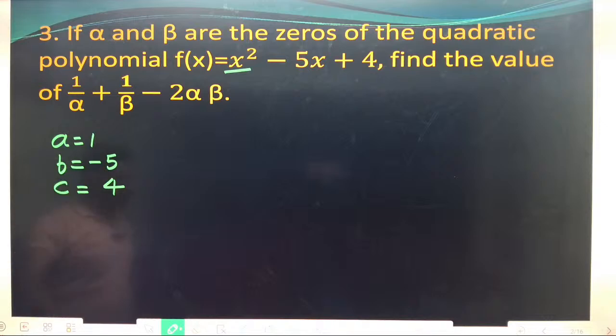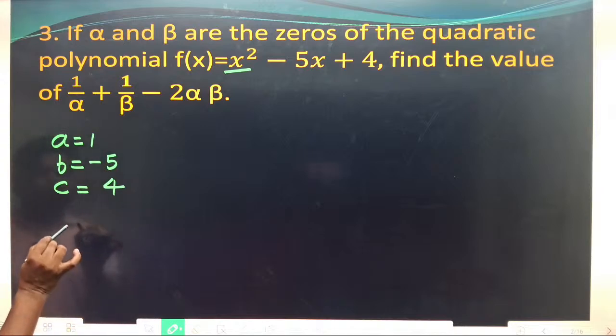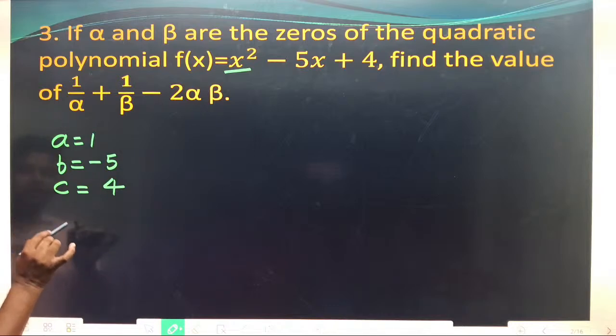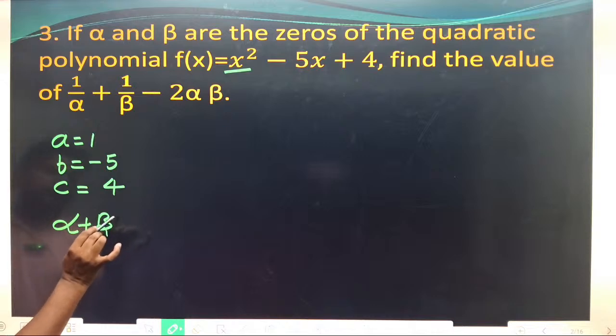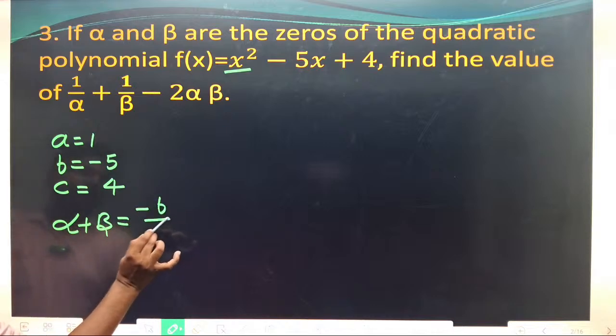Okay everyone, now we find the sum of zeros and product of zeros. First, we find the sum of zeros. Let's start finding the sum of zeros, alpha plus beta. That is equal to minus b by a.